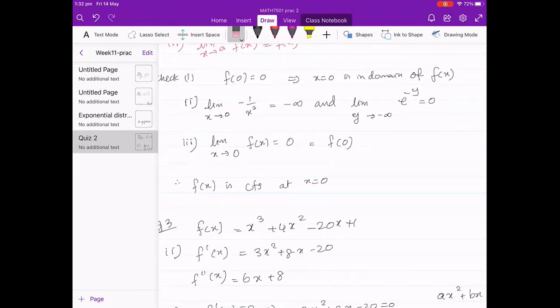That is, classify whether the critical points are global or local minima or maxima. How would you find the critical points?